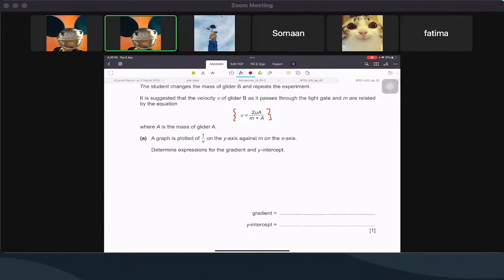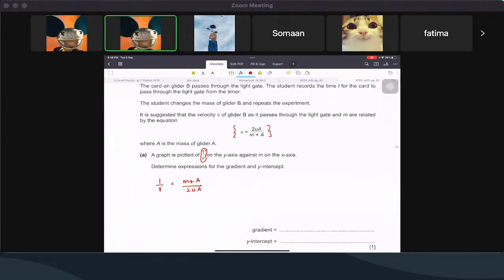So determine the expression of gradient and y-intercept. Ideally, you have to make 1 upon v the subject of the equation, and to do it, basically you take the reciprocal. So if I take the reciprocal, it would be 1 upon v equals m plus a over 2ua, like that.